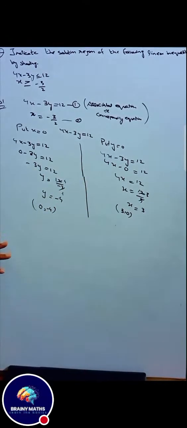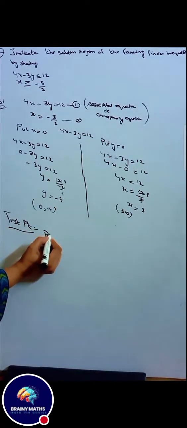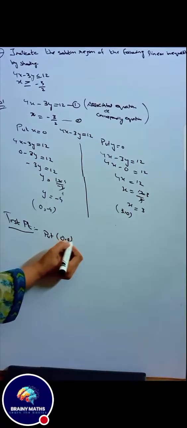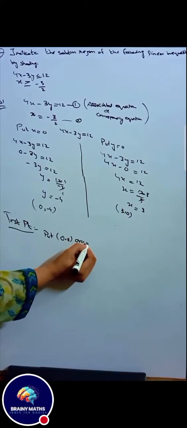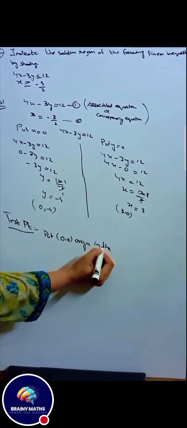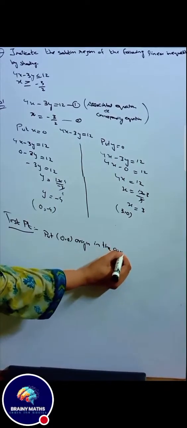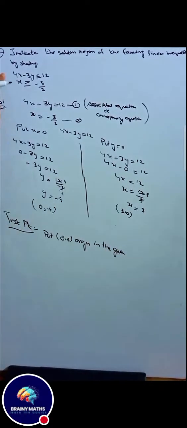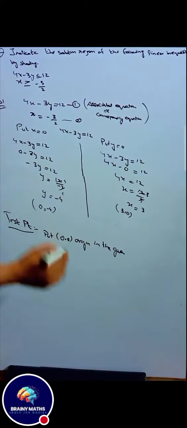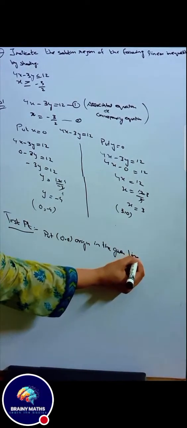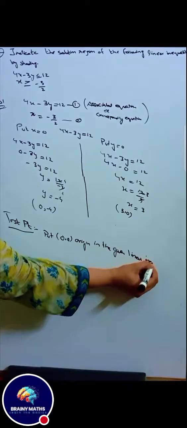Now, what is the next step? Test point. PT means test point. Put 0, 0, the origin, in the given linear inequality. Why are we doing this?